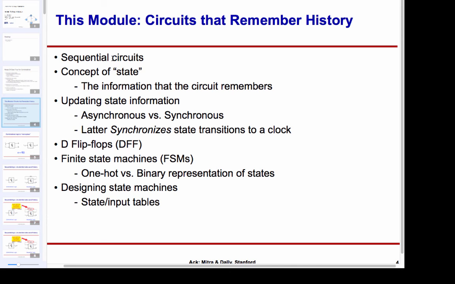So instead, the easier engineering approach that people have developed is the notion of having something called a clock. The idea is that we will update the state not continuously, but only at the tick of a clock. Like every 1 second, I'll examine the state of the world, the state of the input, and update my memory.